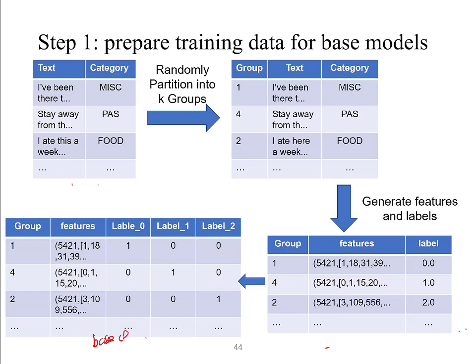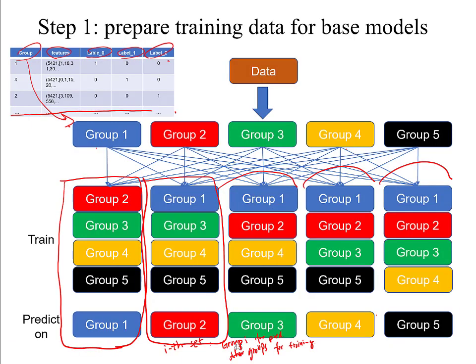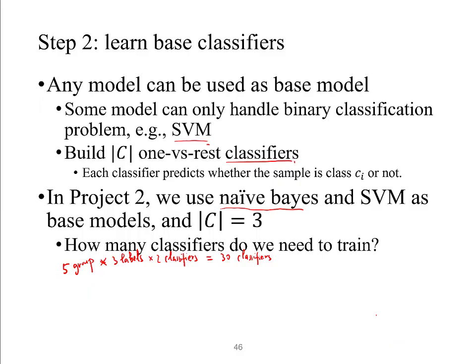All the base classifiers will be trained on this kind of training data, and the meta classifier will be trained using the labels here, but not the features here, but the meta features, which you will see later. So that is just an error to correct.